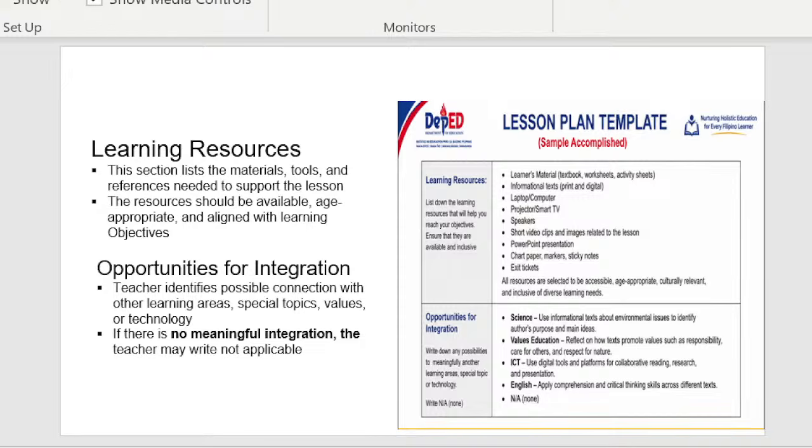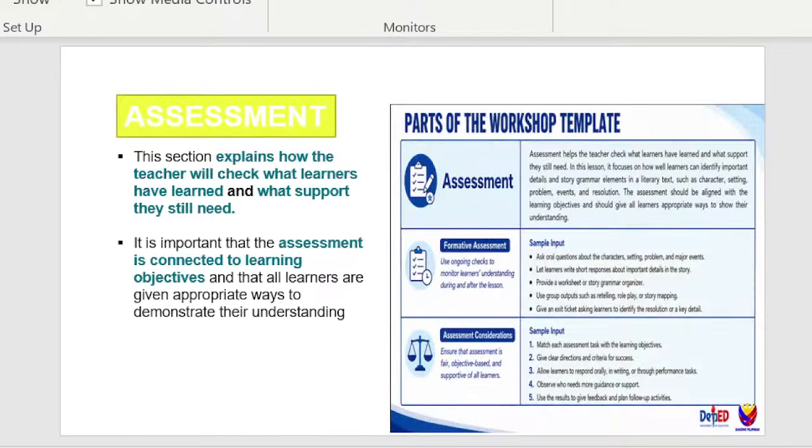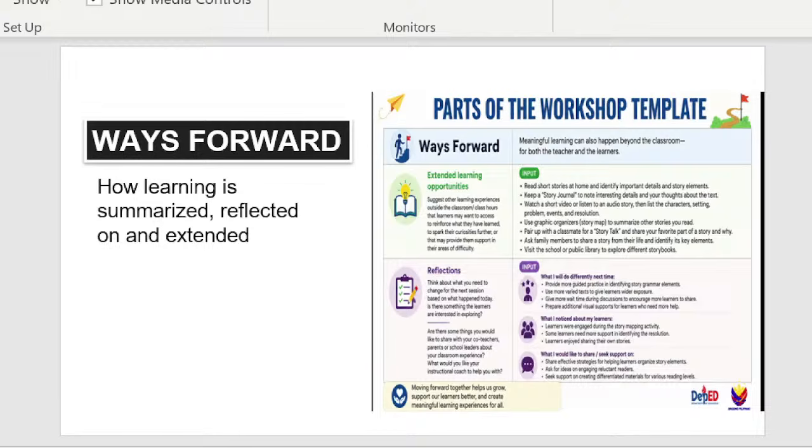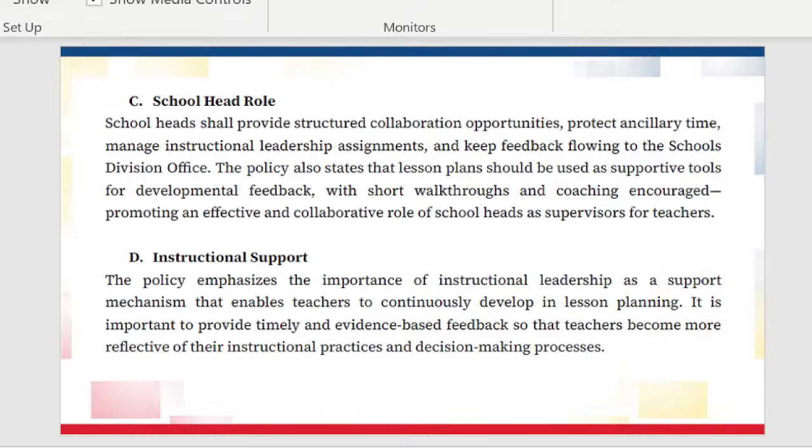Yung mga learning areas and competencies. Then we have the assessment. Of course, we know that formative, summative assessment. The ways forward, this is how the learning is summarized, reflected on, and extended.